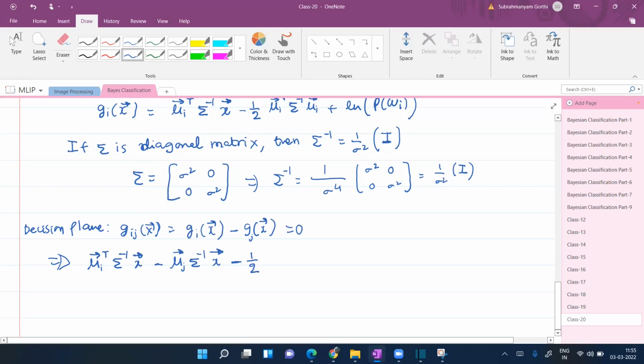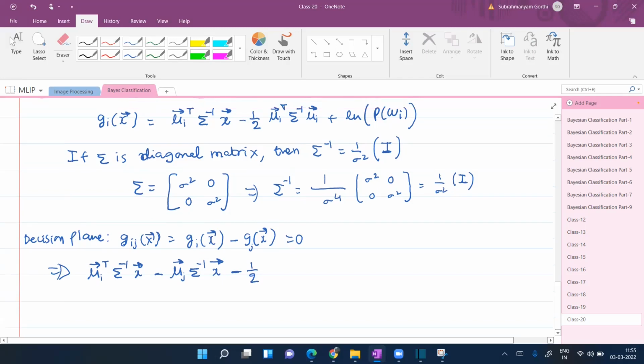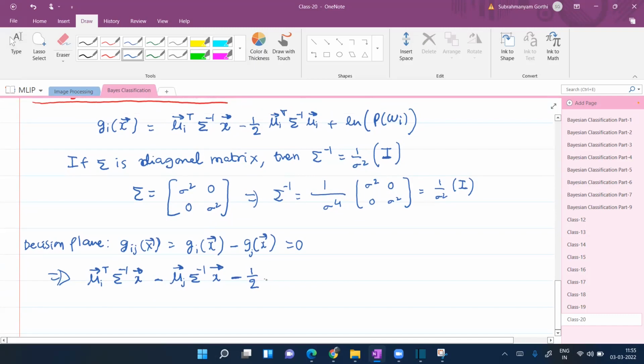So 1 by 2 into, then what do I have there? Second term is mu I bar whole transpose into sigma I inverse into mu I bar, right? The other term, of course, minus of minus, that will become plus 1 by 2 into mu j bar transpose into sigma inverse into mu j bar.